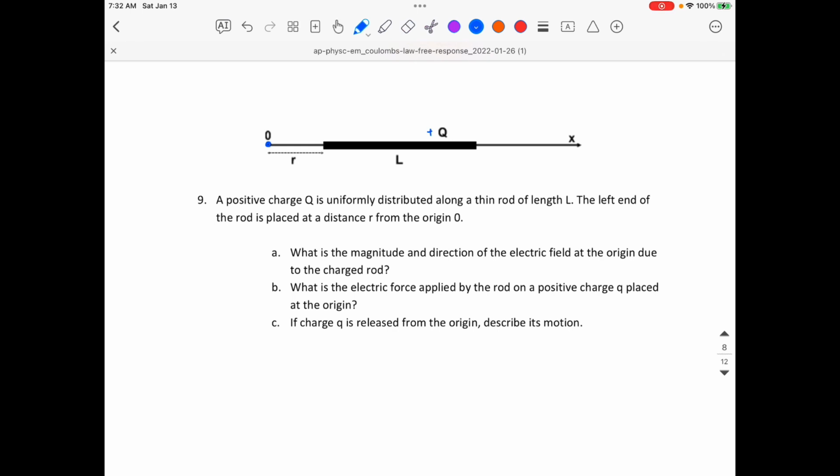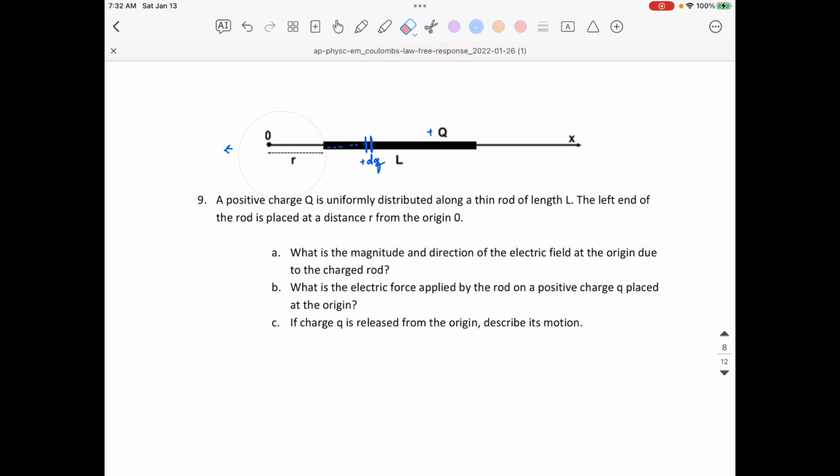So since it's a positive charge and we take a small section of this rod, think of it as a point particle. Since this is a positive charge, and I'm going to call it positive dq because it's just a small piece of the entire charge, it is going to create an electric field that goes out of the positive and therefore in this direction here.